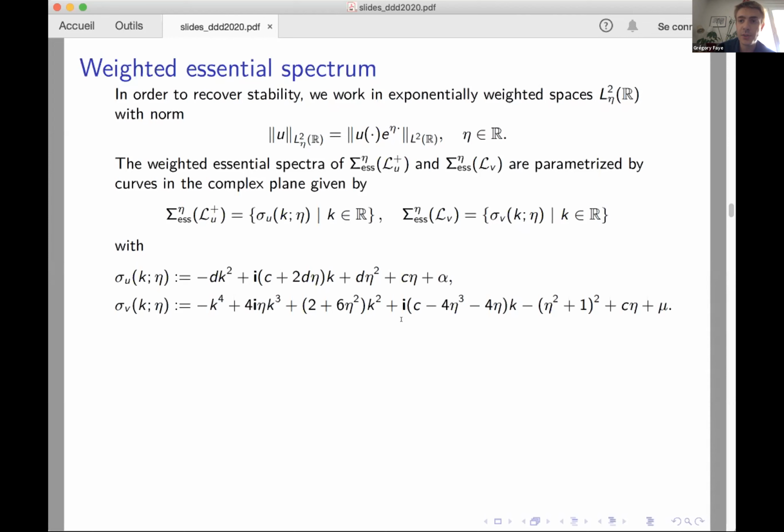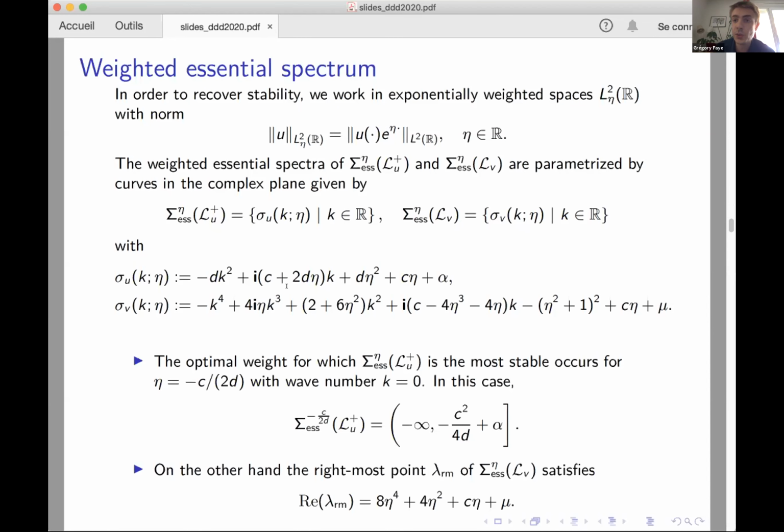I'll give some illustration of what it really means, but from this computation we get the following two remarks. The first is that if we focus only on the Fisher-KPP equation, its most stable point occurs when the wave number k is equal to 0 at some optimal weight eta that is equal to minus c over 2d.